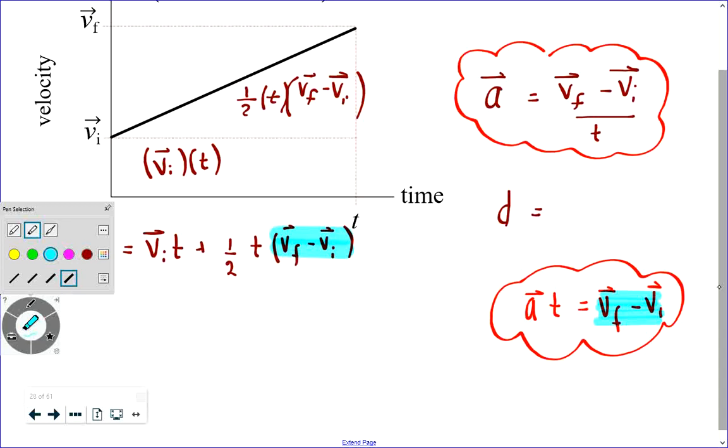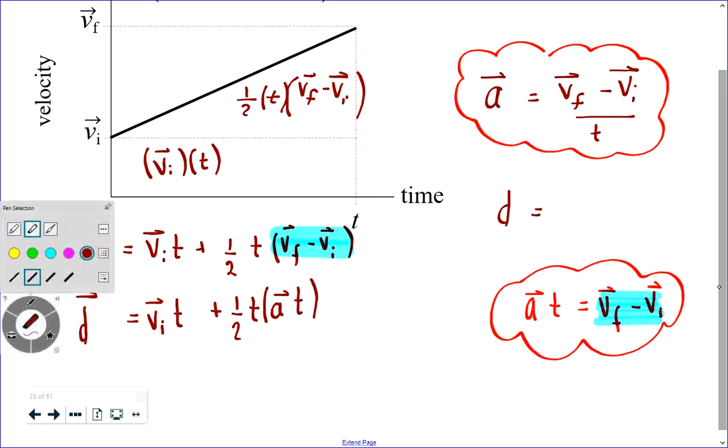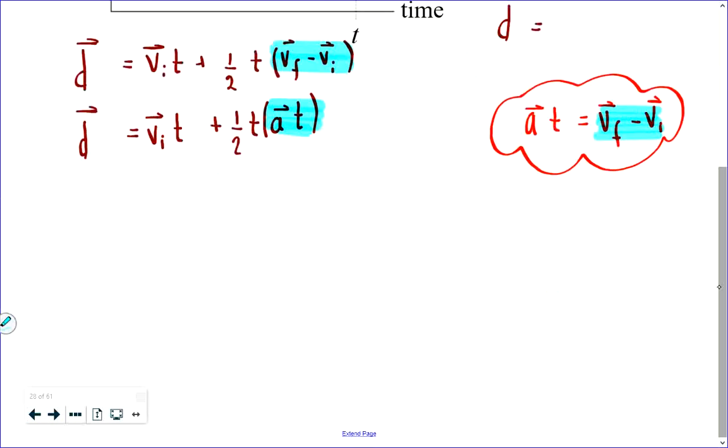Instead of the VF minus VI, I could write A times T, and get d, the displacement, of any object, if it's uniformly accelerating, will be the initial velocity times the time plus 1/2 times the time times the acceleration times the time, because the acceleration times the time is the same as Vf minus Vi.